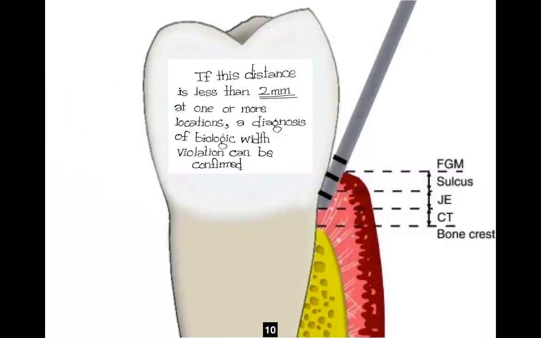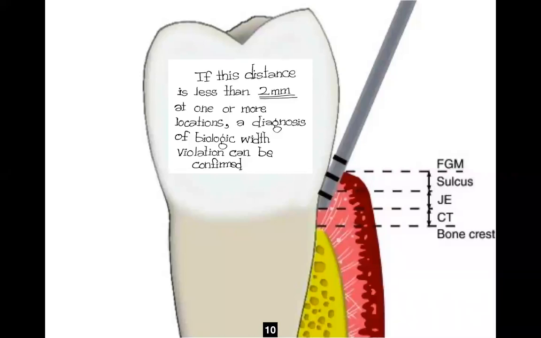Right, let's move on. So for this biologic width, ideally the distance should be 2.04 mm. If it is less than 2 mm at one or more locations, as I just told you, it's a three-dimensional concept. So try and imagine the tooth as a 3D structure, which it is, right? You have to evaluate this distance not just at one place, but around the circle of the tooth.